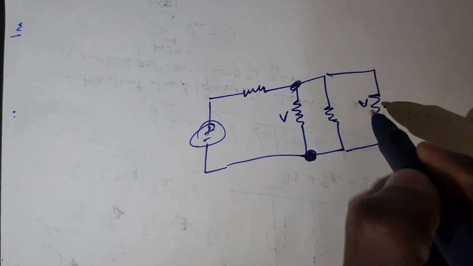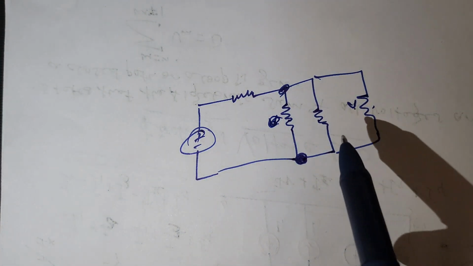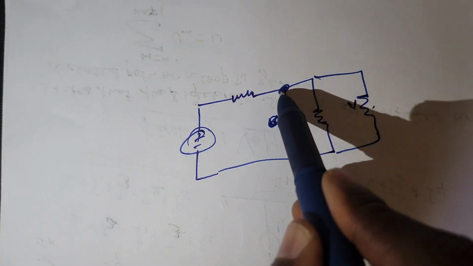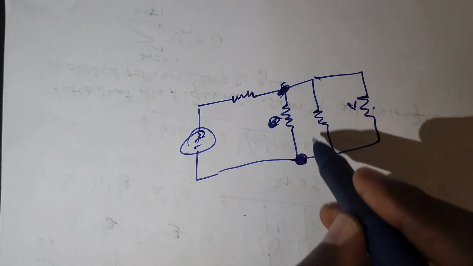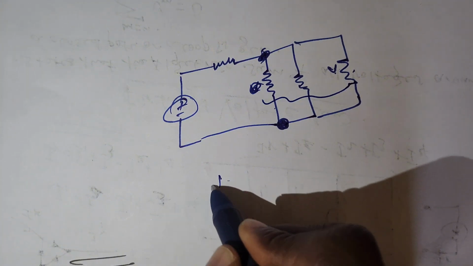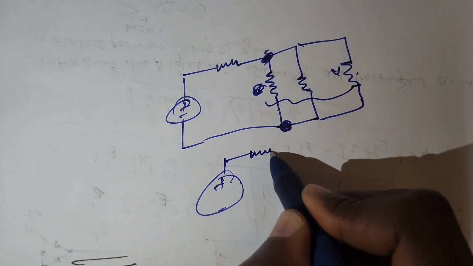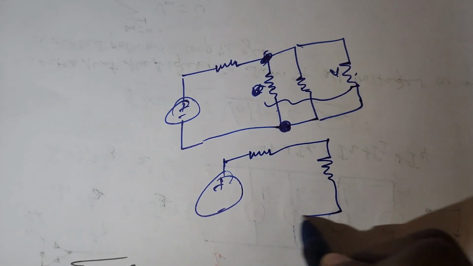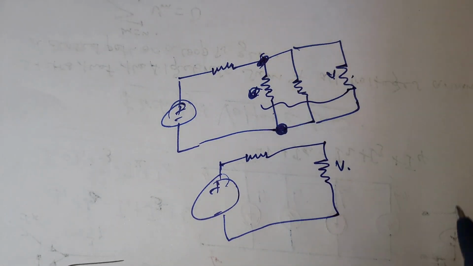So if you are asked to find the V, we can find the amount of voltage after reduction. So we reduce these three resistors, or we find their equivalent resistor. After that, we find the voltage across their equivalent.